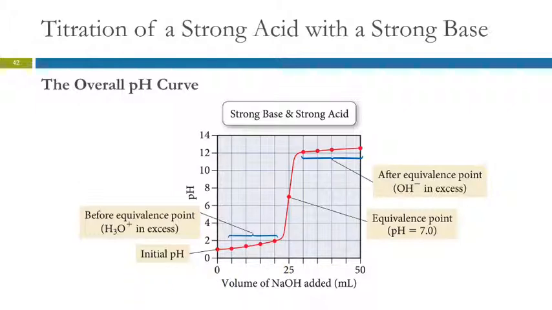So drawing a smooth line in here, this is our typical strong acid, strong base titration curve. We have an initial pH here at volume of sodium hydroxide equal to 0. Before the equivalence point, we have an excess of hydronium ion. After the equivalence point, we have an excess of hydroxide ions. And at the equivalence point, the pH will be 7.